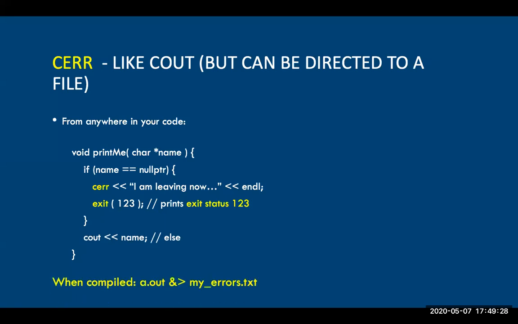And the other nice thing about CERR is you can redirect your output. If you're doing any kind of a runtime thing from Linux or the command line, if this was your executable a.out or whatever your executable name is, and you follow the name of that with 2>, you can redirect just the CERR information to some text log file, which is really handy sometimes if you're monitoring a very long and large process.